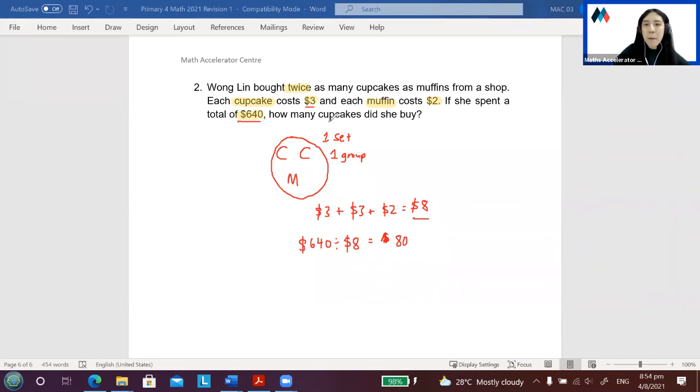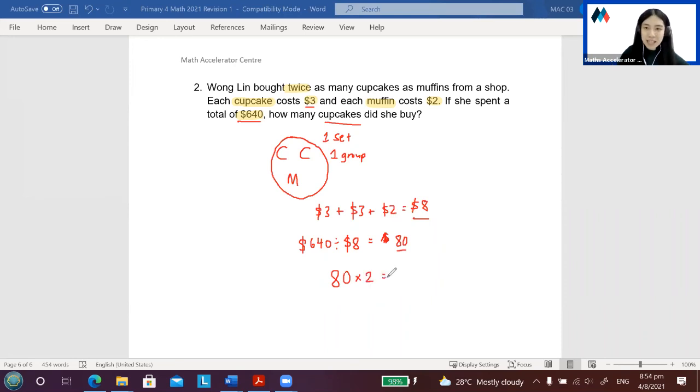The question asks, how many cupcakes did Wong Lin buy? In one set, you have 2 cupcakes, right? Don't worry about it, it's okay. So one set, you have 2 cupcakes. You have 80 sets. To find the number of cupcakes, you just do 80 times 2, right?